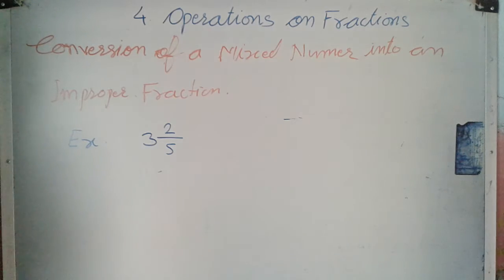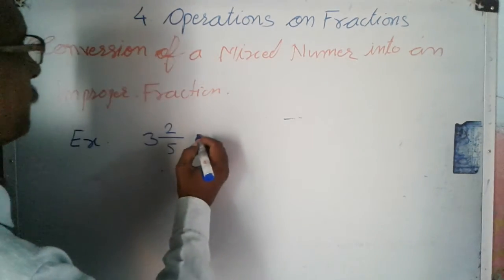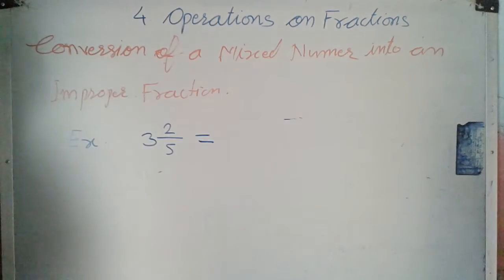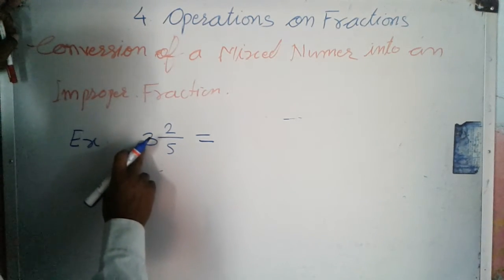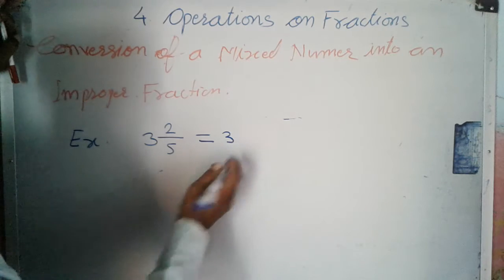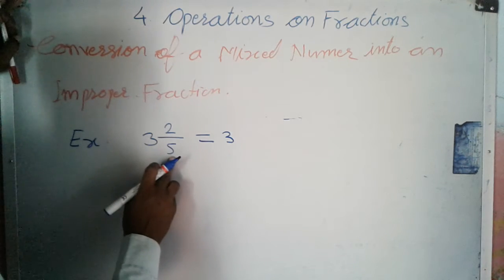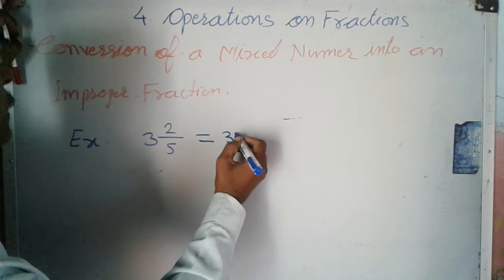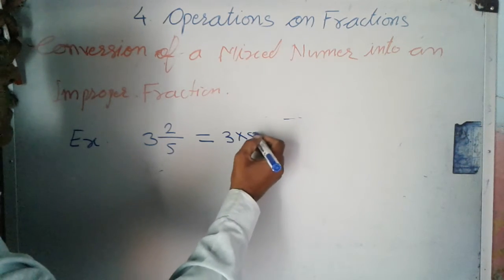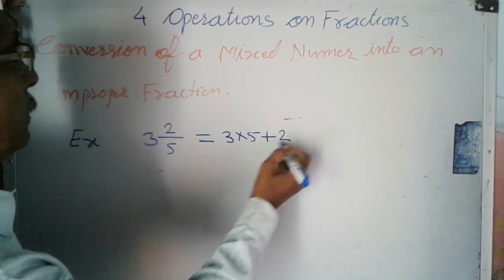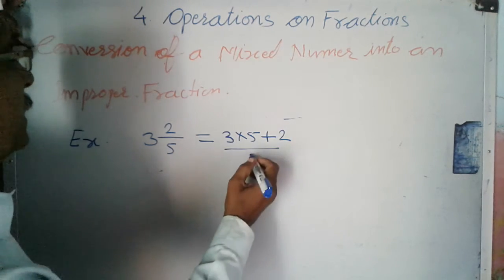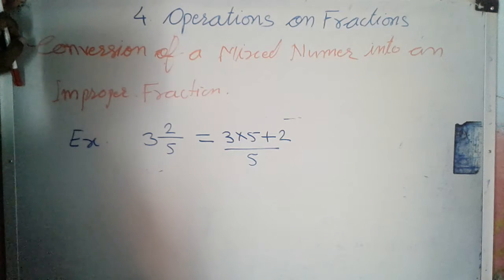Multiply the quotient and the divisor, and add the remainder, and put 5 as it is at the denominator.